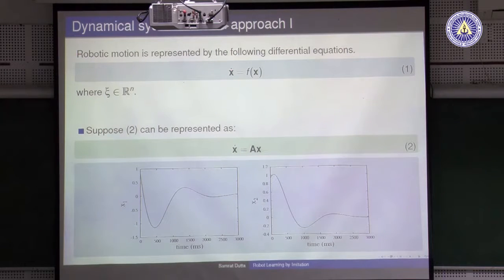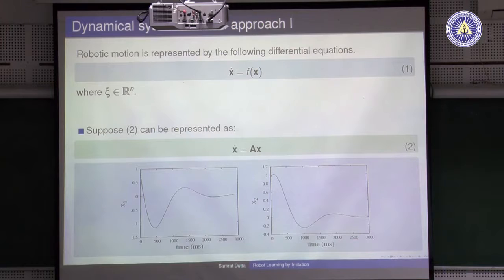In that case, the trajectory that starts from here will never reach 0. At least we cannot ensure that it will reach equilibrium. It might overshoot from any place, because the system is not stable.